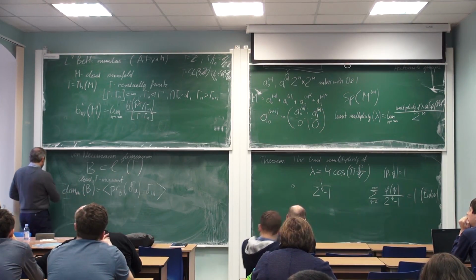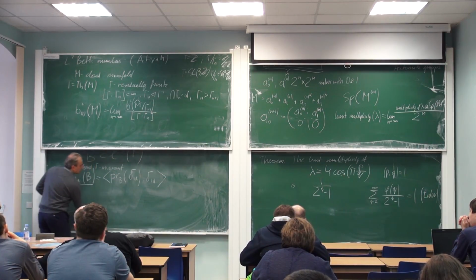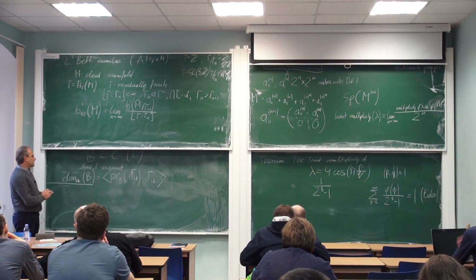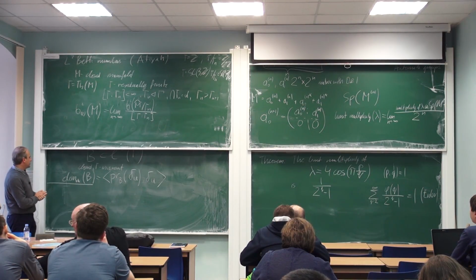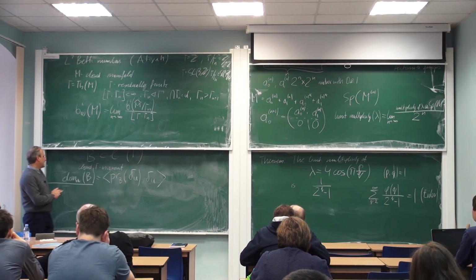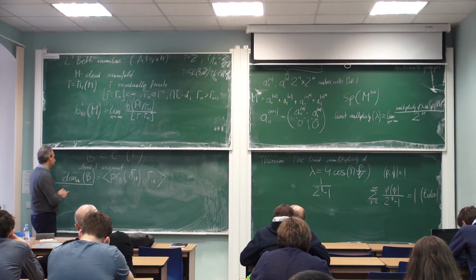And L2 Betti numbers are computed as the von Neumann dimensions of the kernels of operators of the following form.